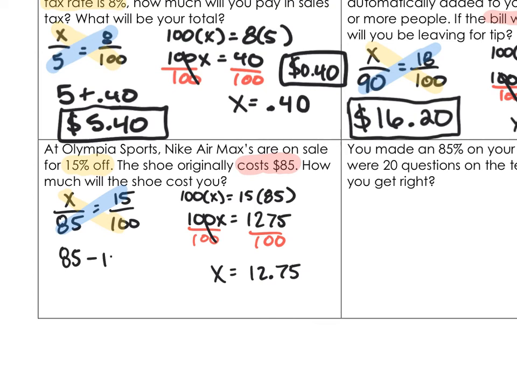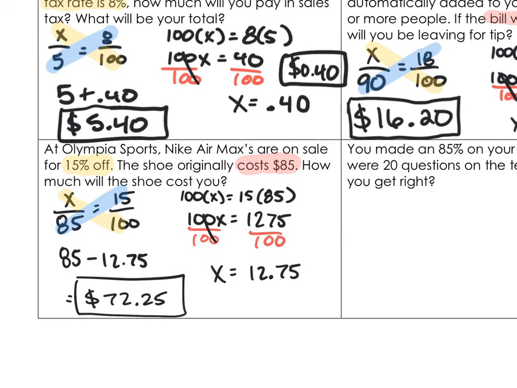So it would be 85 minus 12.75. And you'd get out your new cost of $72.25. Okay, that would be your final cost.